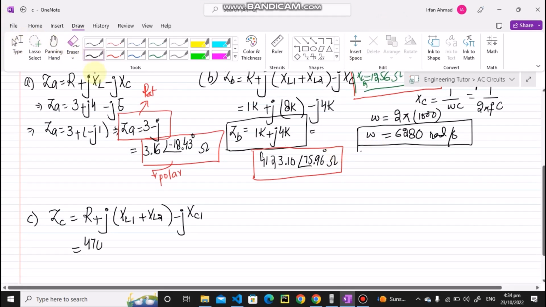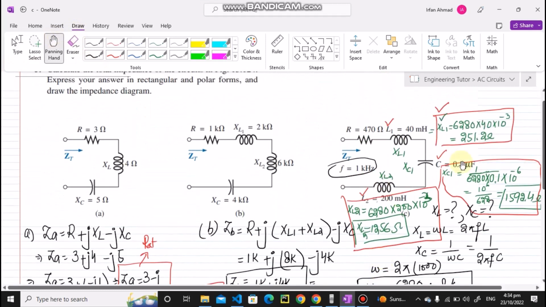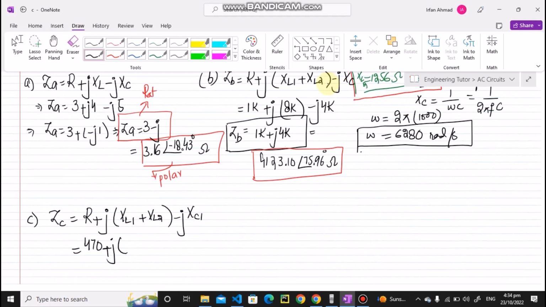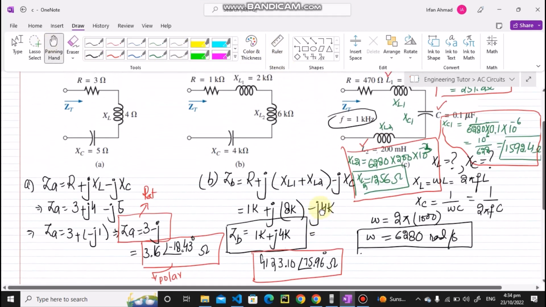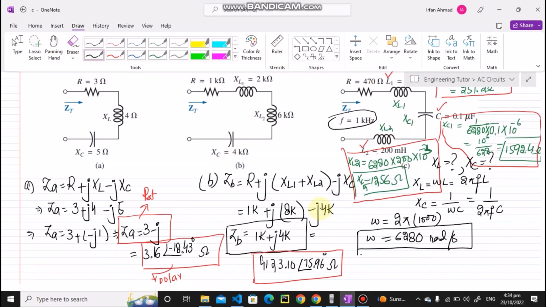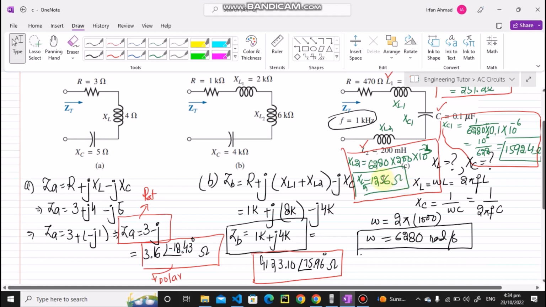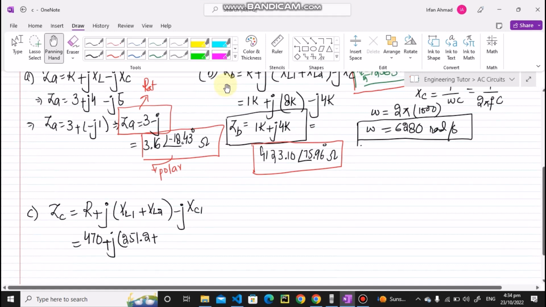So writing 470 here plus j, the value of XL1 was 251.2 ohm. And the value of XL2 was 1256, we have calculated it here.